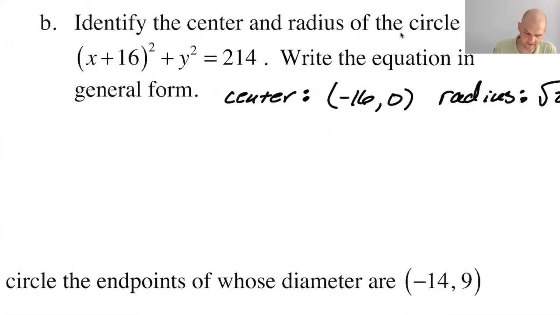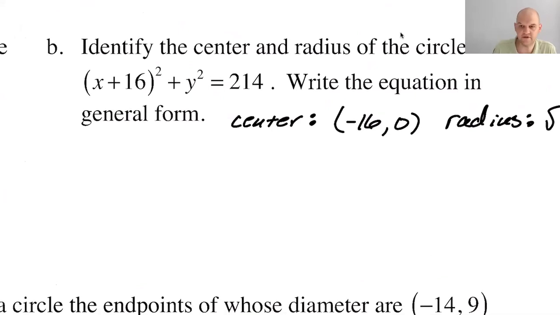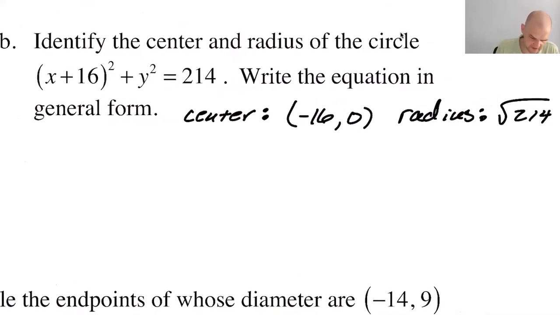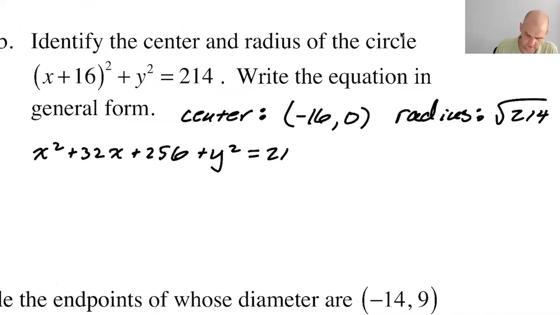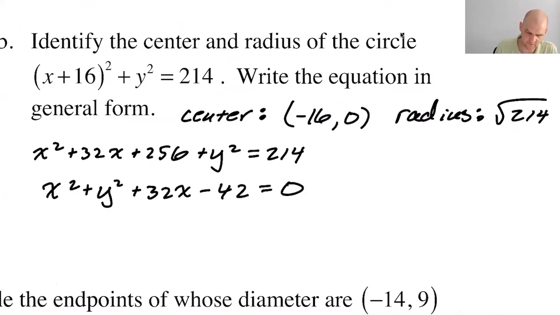And then we're putting this in general form too. x squared plus 32x plus 256 plus y squared equals 214. So x squared plus y squared plus 32x, and then we subtract, so minus 42 equals 0. And we can check that on the calculator, which I will in a second.